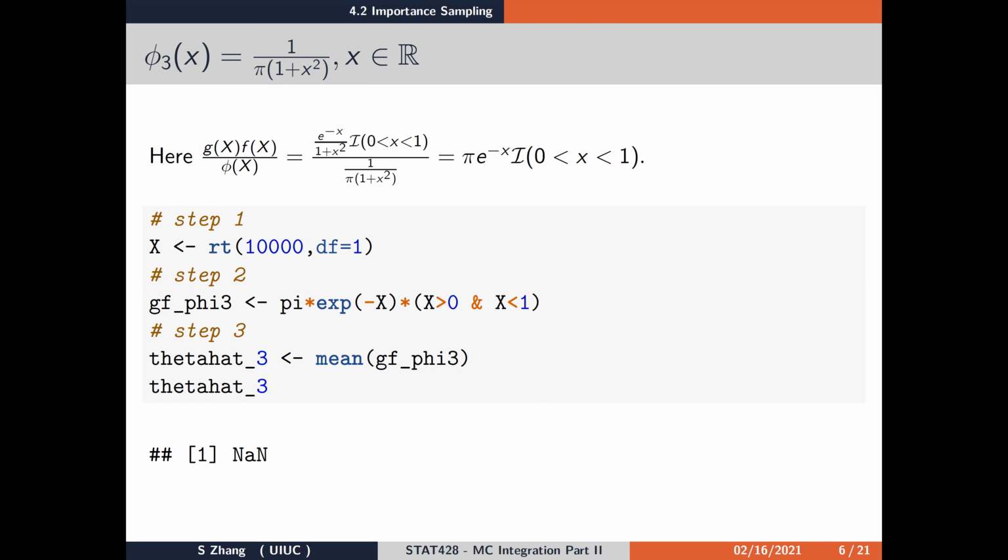You can see that g(x) times f(x) divided by phi(x) simplifies to pi, which is constant, times e to the negative x times the indicator.